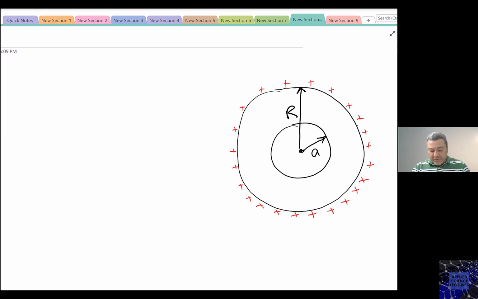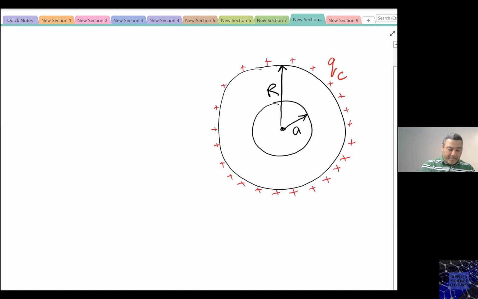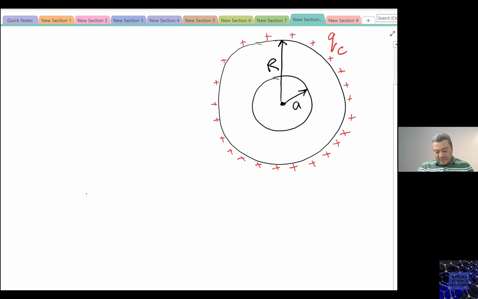It's QC, total charges of QC at the outer surface of the conductor. After we introduce the QC, you can see that those charges have distributed themselves such that they are as far as possible from each other, and that's why they are at the outer surface of the conductor.